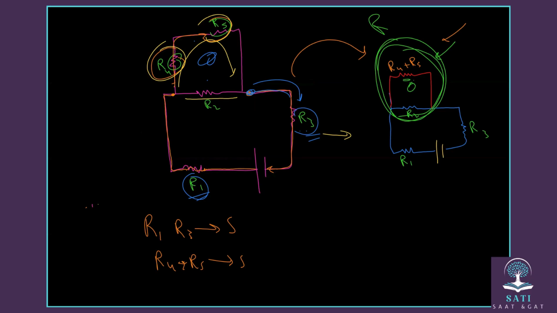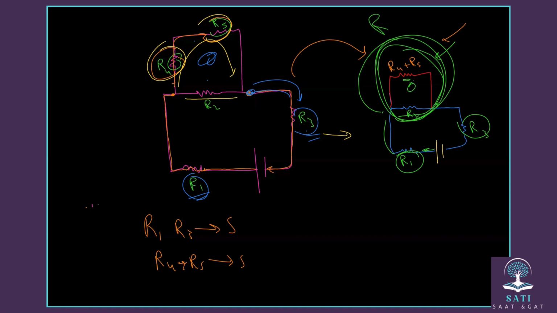The current passing from here will move through this resistance, then this big resistance, then this resistance. So I deal with these three as three resistances that are in series.